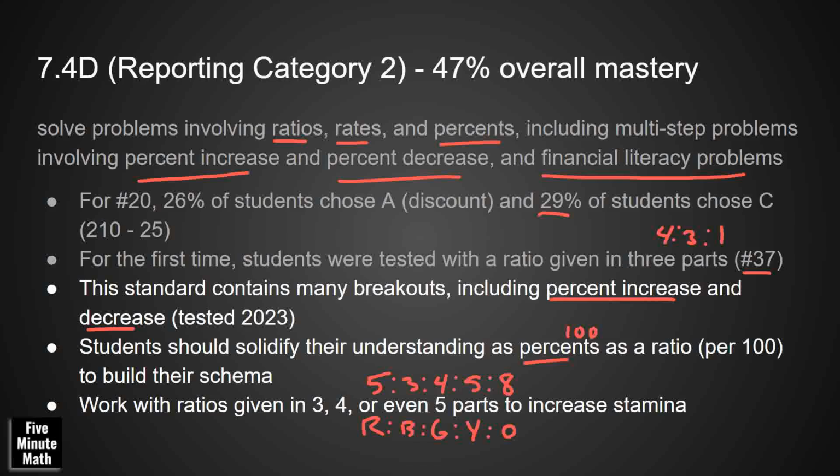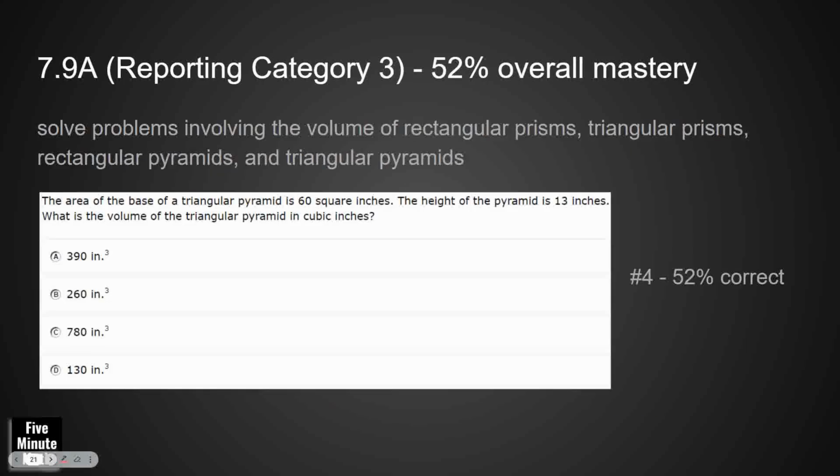And then ask them questions off of that, right? If there's 25 yellow, how many green are there? If there's 24 blue, how many orange are there? Once they figure out how that works, it doesn't matter whether you give them a ratio in 5 parts, 2 parts, or 3 parts.